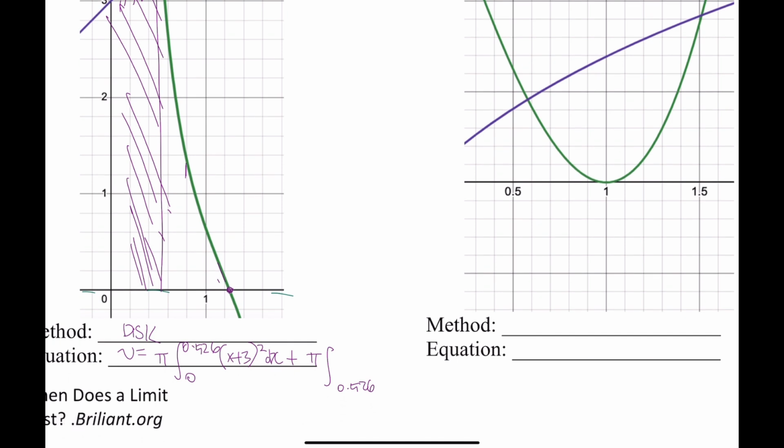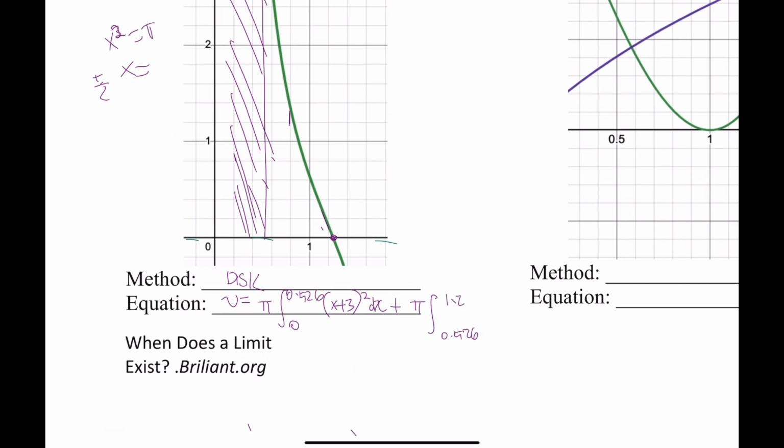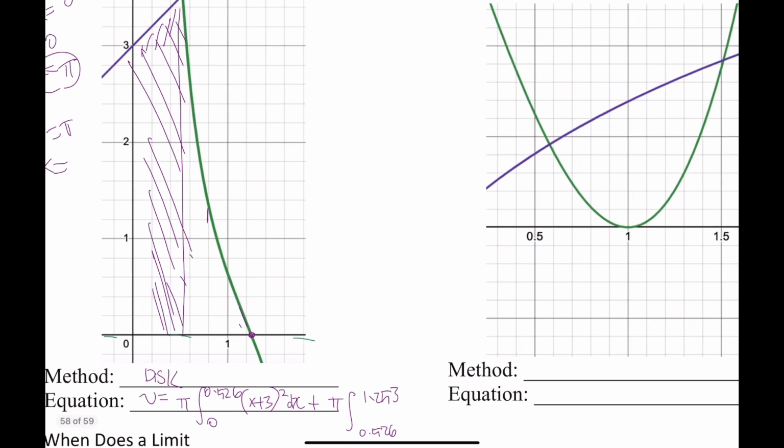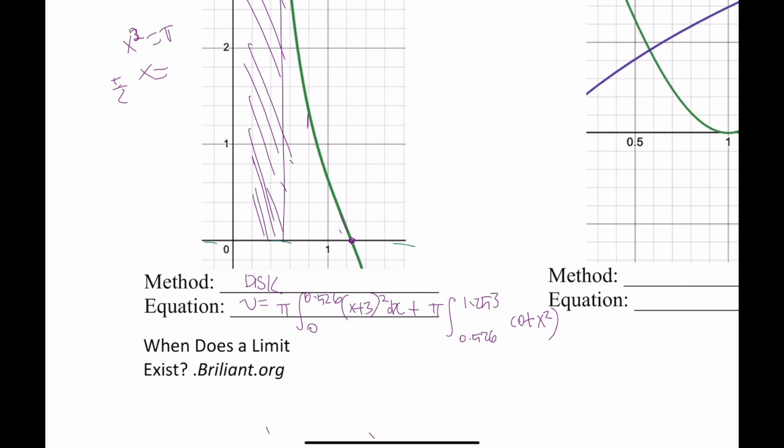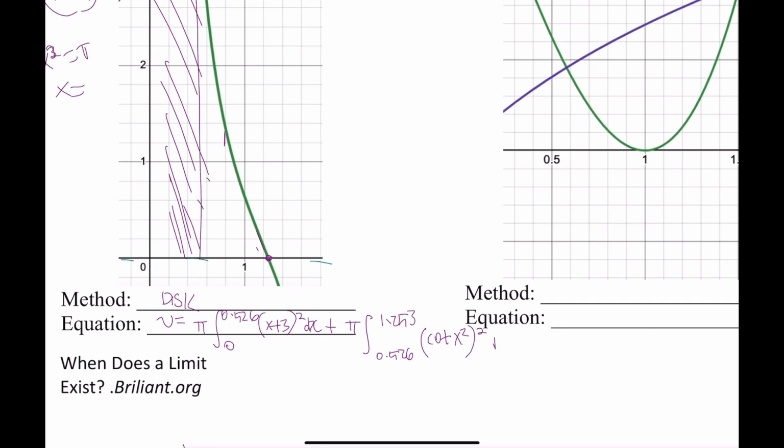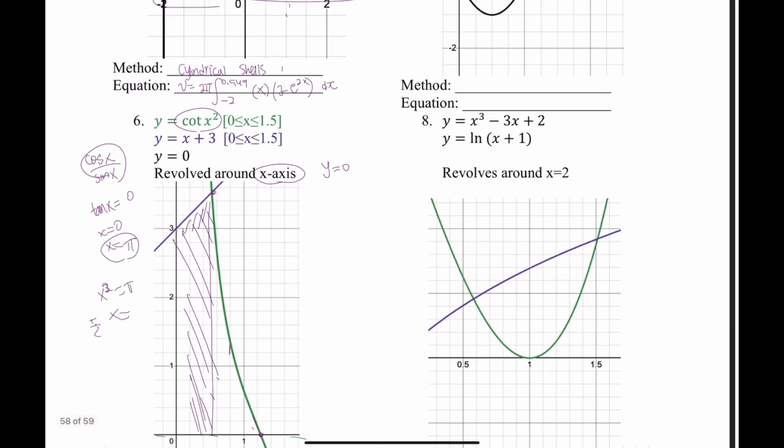Let's see where the green function has a zero. And then we do cotangent x squared to the power of 2, dx. So this will be our answer.